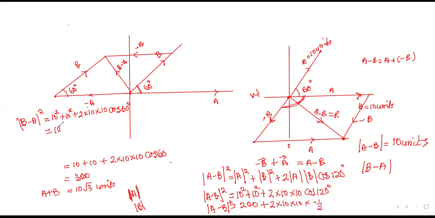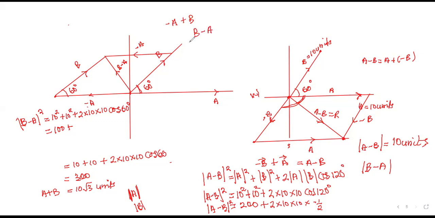We have 100. Why isn't it minus 2 times 10 but plus? Because we are using the angle between minus A and B. We realign the directions to have minus A plus B, giving us B minus A.